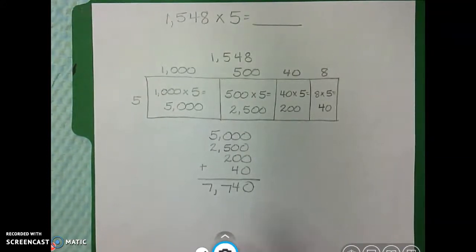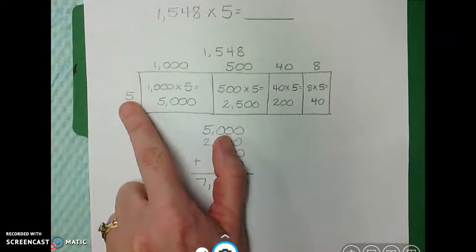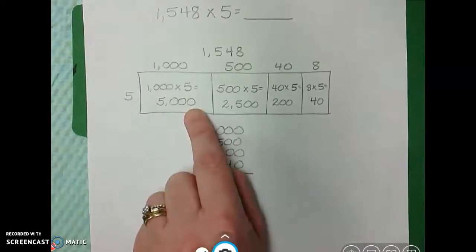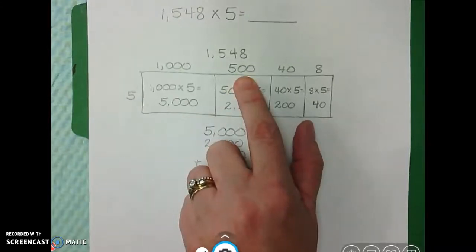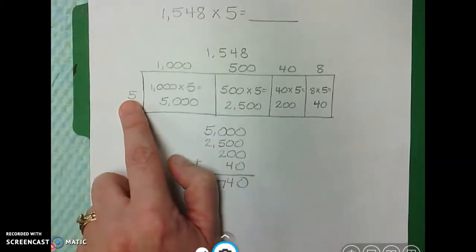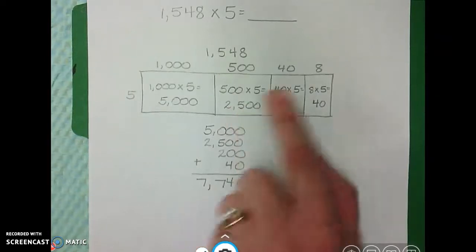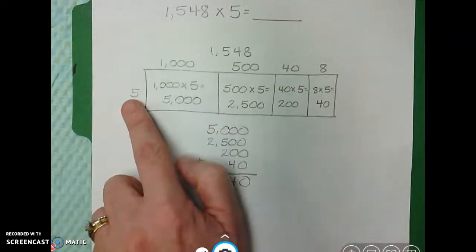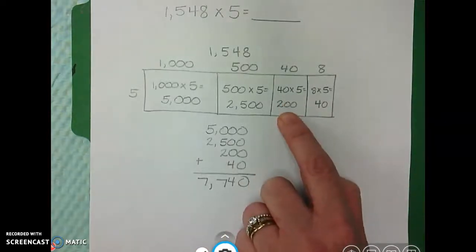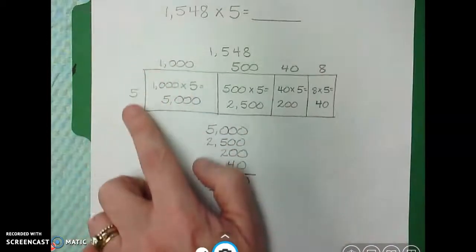So now I'm going to say 1,000 times 5, and that gives me 5,000. Then I'm going to say 500 times 5. That gives me 2,500. Then I'm going to say 40 times 5. That gives me 200. And then finally I'm going to say 8 times 5.